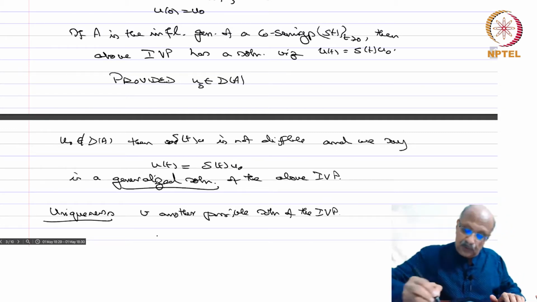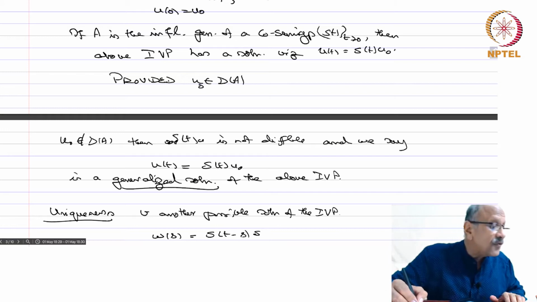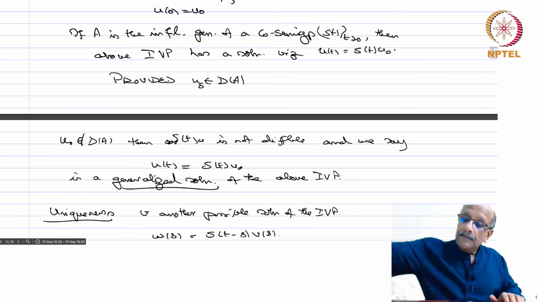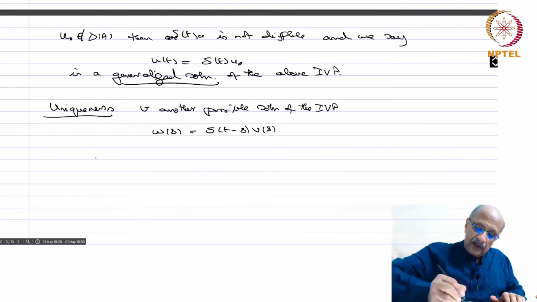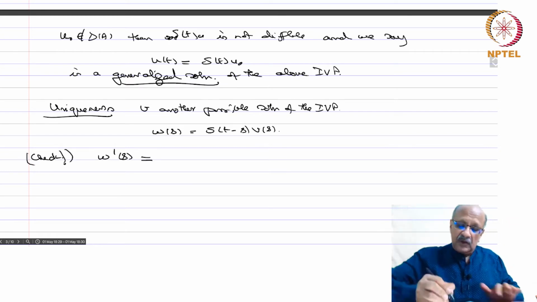So, then we put w(s) = S(t-s)v(s). Then what is w'(s)? Then you can check, it's a very easy checking.